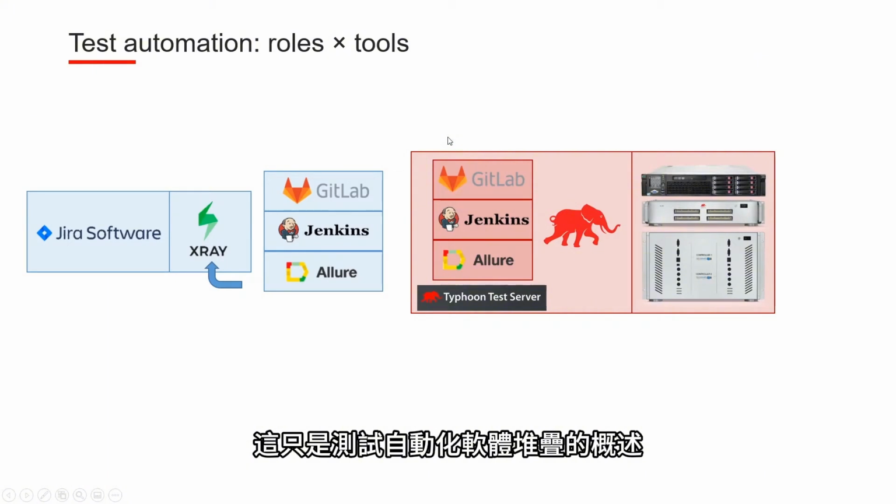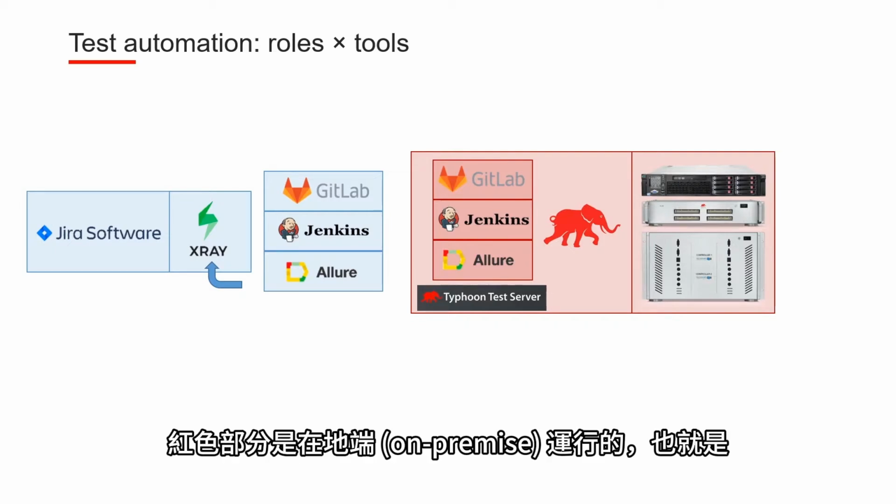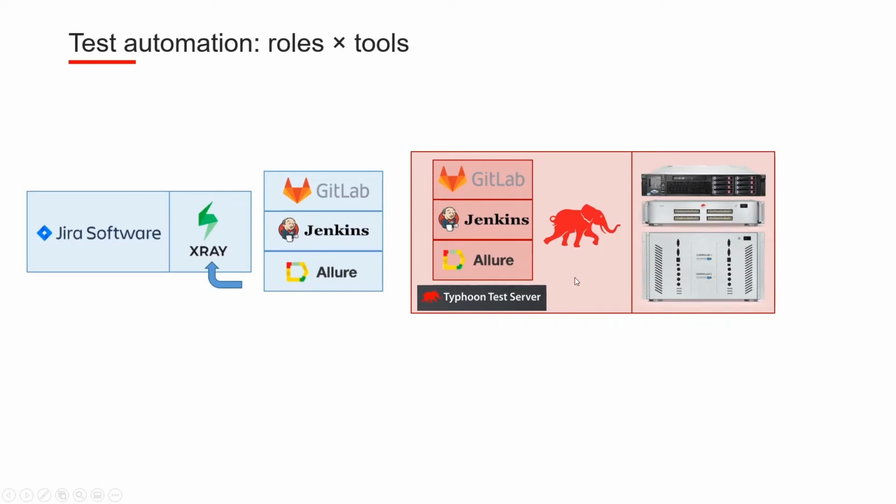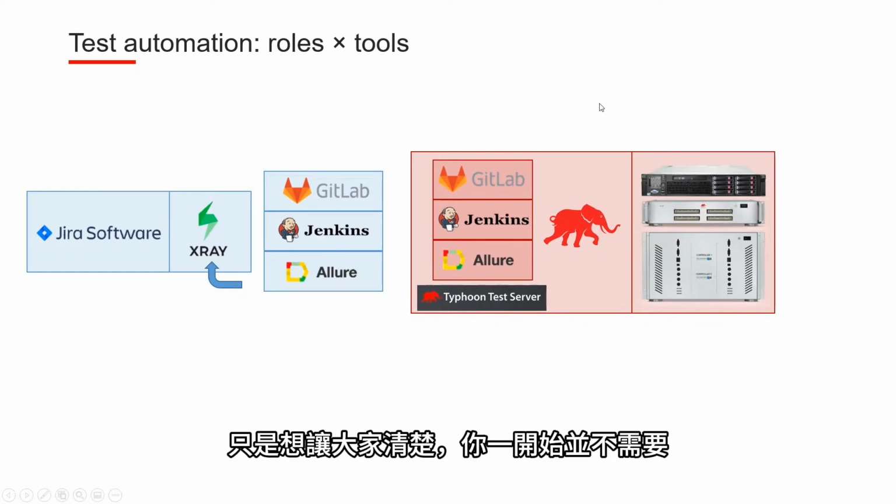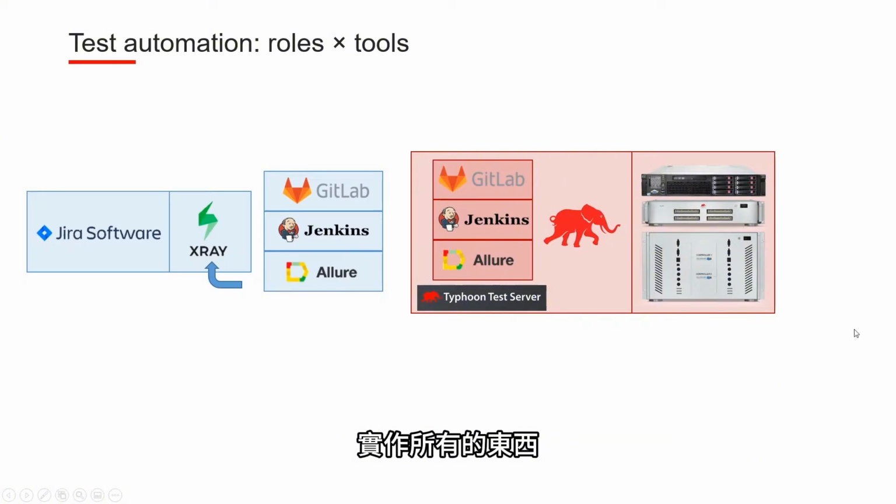Just an overview of this test automation stack. Here in red is what is on-premise, so what's on that rack there, and in blue we have everything that can be on the cloud. Just to be clear, you don't need to implement all of these at the start. You can start by just running the test automation on your PC that's connected to the HIL and the controller.